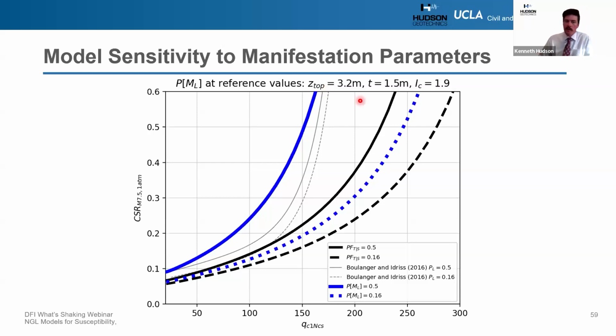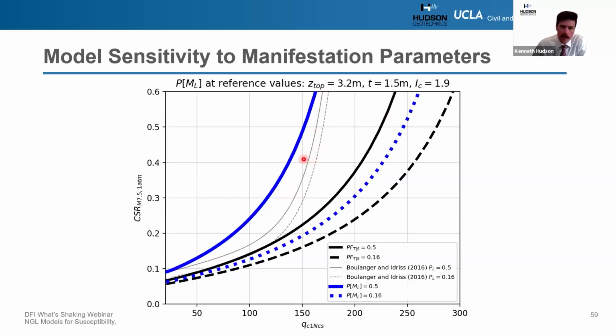On average, their critical layers were 3.2 meters deep, 1.5 meters thick, and had an I sub C of 1.9. If we look at what their average critical layer would predict, it has this lower probability of triggering relative to their 2016 model, right?